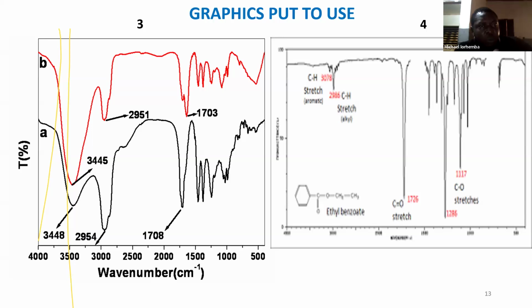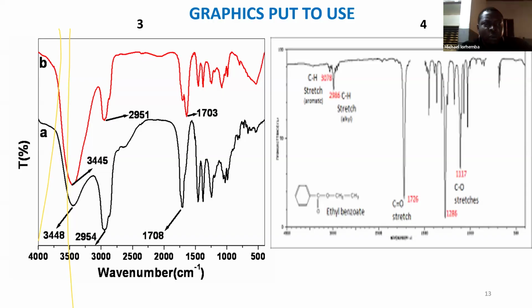But if you look at the post, which is the red one, the peaks have shifted. They shifted to lower frequency. The 2954 has reduced to 2951. The 3448 has reduced to 3445. This is an implication here. This means something is happening, so you can use that to explain.